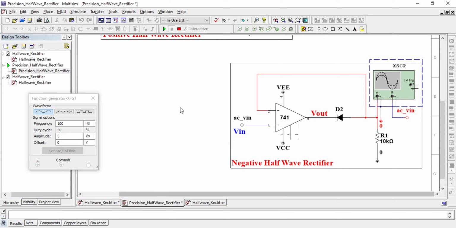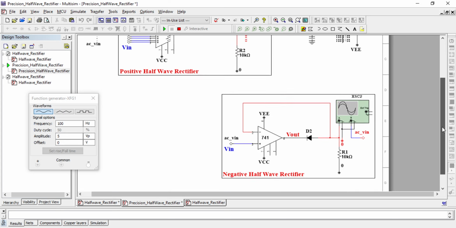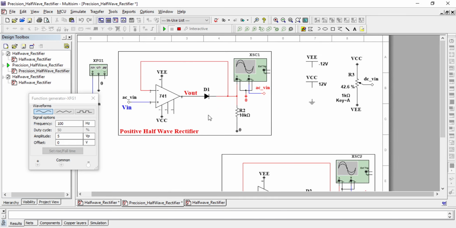So if you plan to design any half wave rectifier using op-amp, then prefer precision half wave rectifier, because you can get an output which will not be affected by the threshold voltage of the diode.